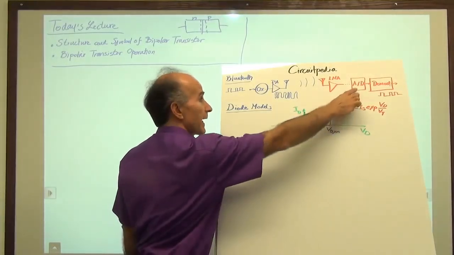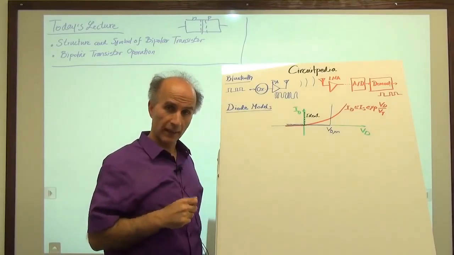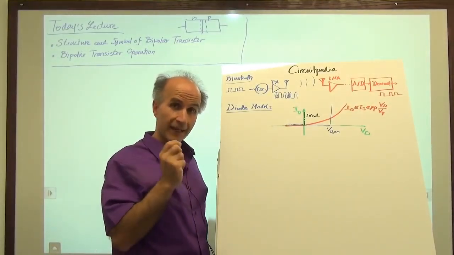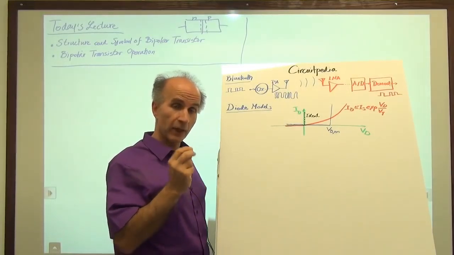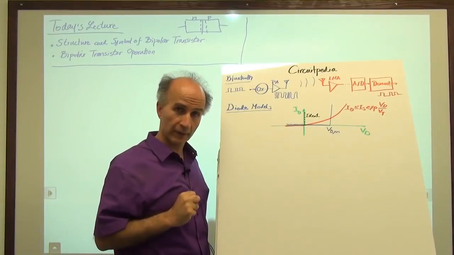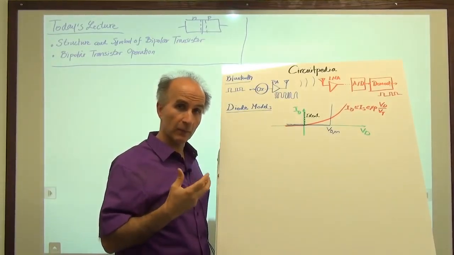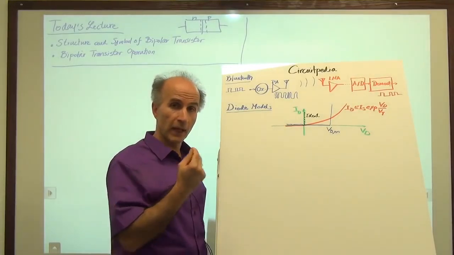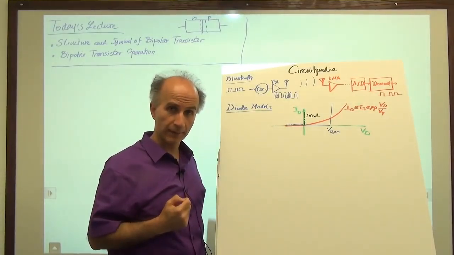And even this analog to digital converter has amplification in it. So amplification is an essential and very useful operation in almost all electronic circuits. The concept of being able to amplify a signal is critical to every electronic system that we study here.